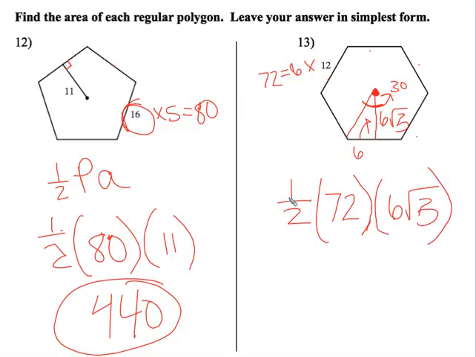A lot of people do different things. Just don't type in the radical 3. If you're going to do 72 times 6, that's fine, and then divide that by 2, you get 216. I would probably do half of 72 and get 36, and then do 36 times 6, but it doesn't matter. You'll come out with the same answer.